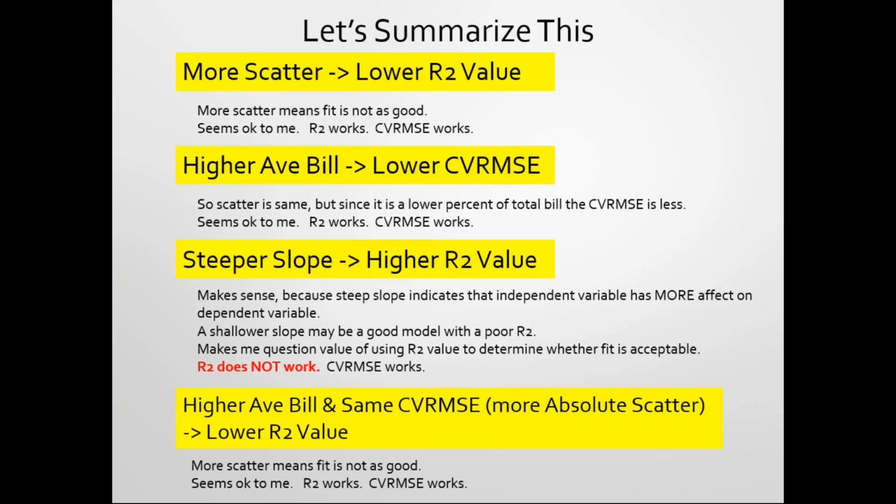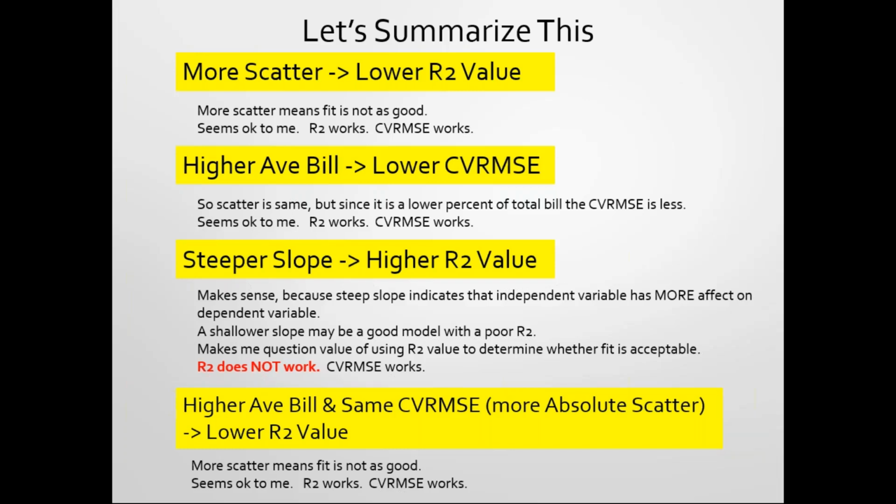So let's say your average bill was 100 and it would vary between bills of like 10 up to 200. That's a lot of scatter, and you're dividing by the average bill. You might end up with a CVRMSE of like 70% or 80%.